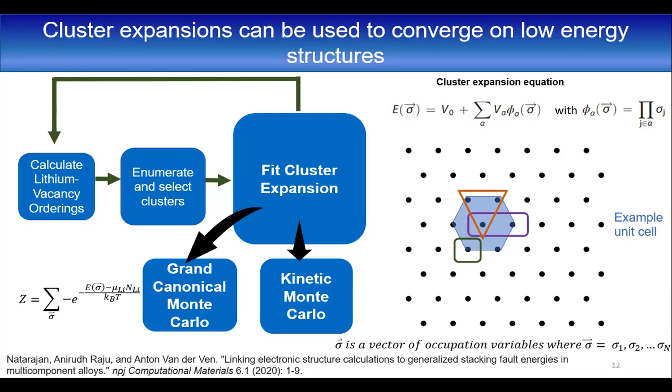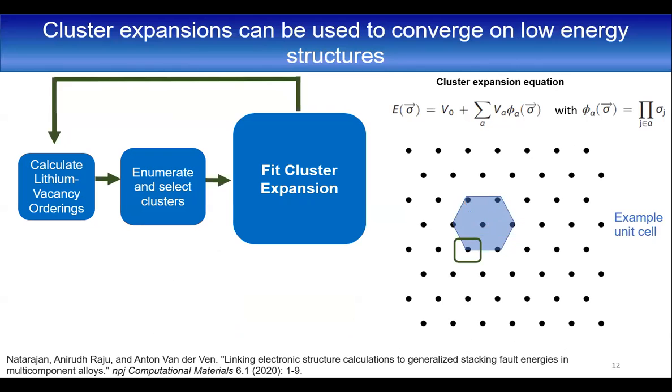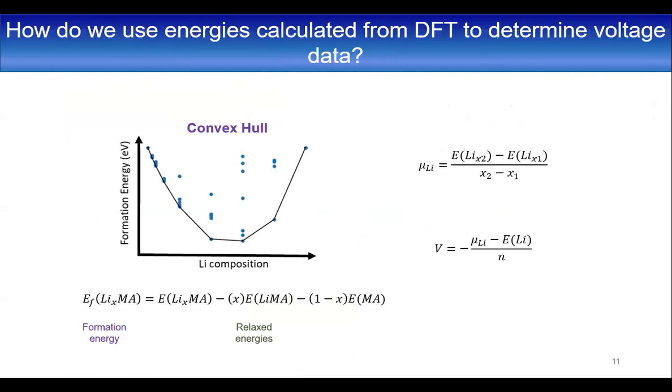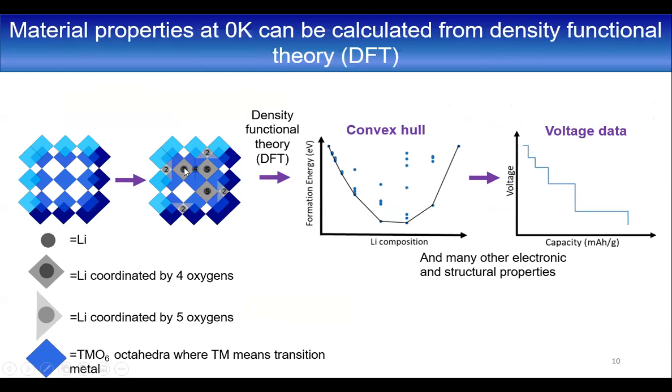And I can also use this cluster expansion to do kinetic Monte Carlo, which pretty much shows how atoms diffuse in a system. So if I have my little lithium ordering from before, and I want to see, for example, where this lithium wants to go.